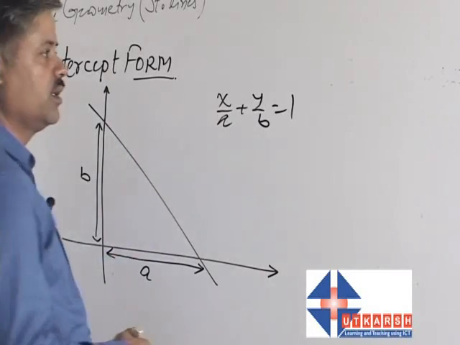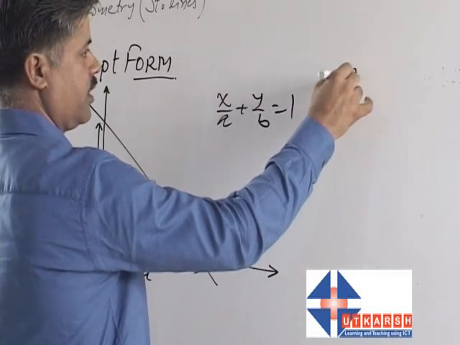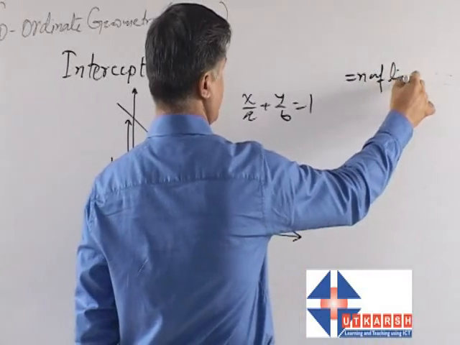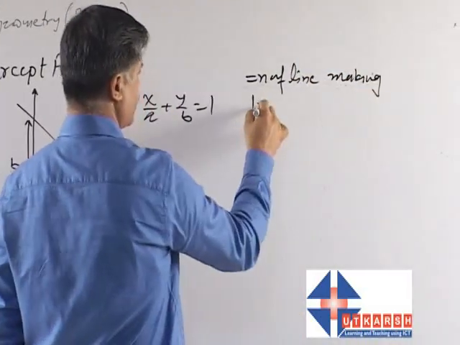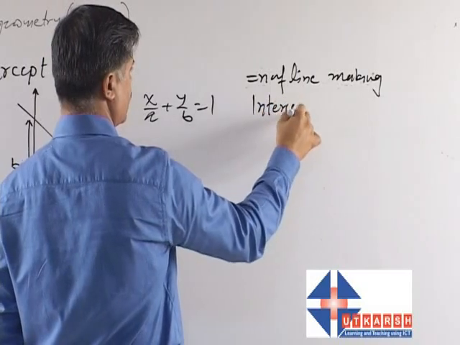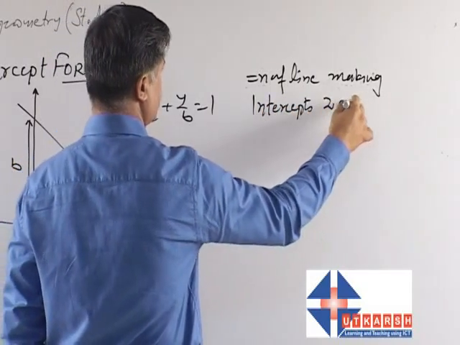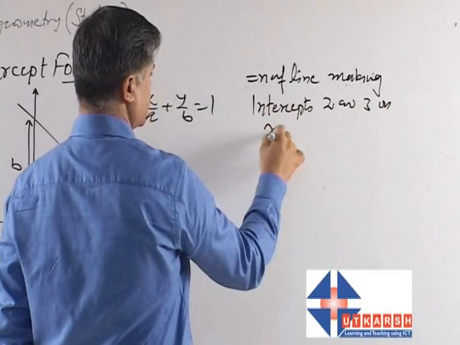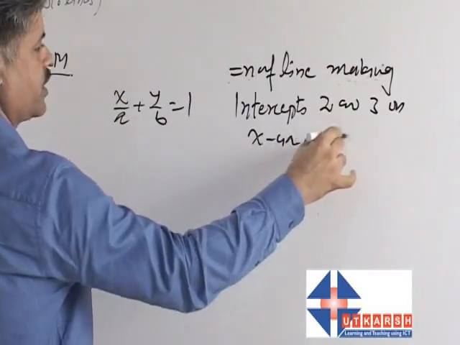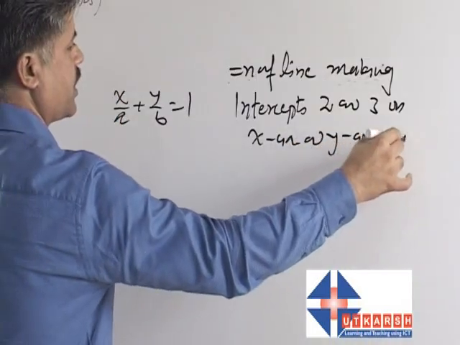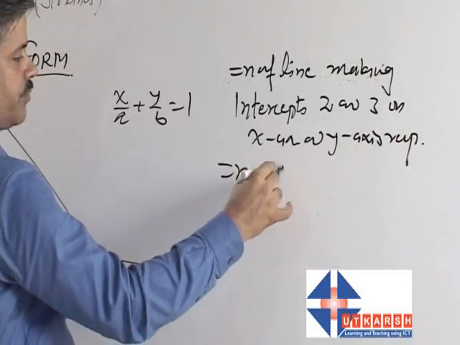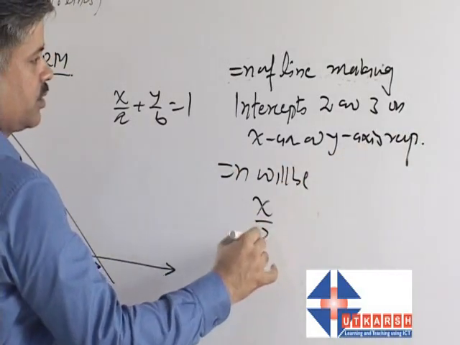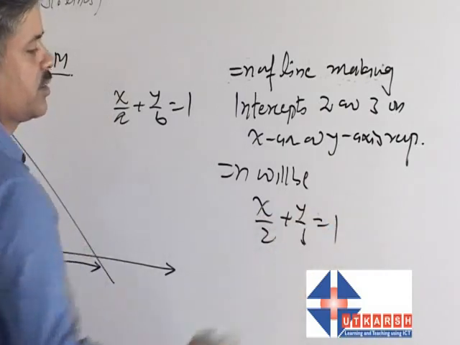Now the counter question on this is equation of line making intercepts 2 and 3 on x axis and y axis respectively. Okay, the equation will be x upon 2 plus y upon 3 is equal to 1.